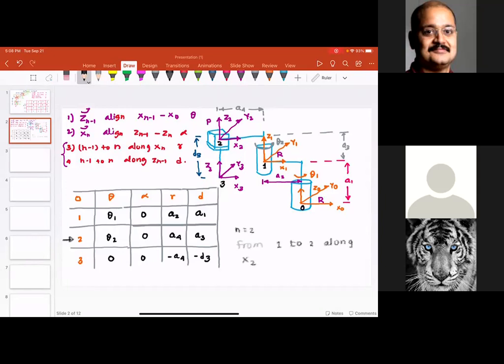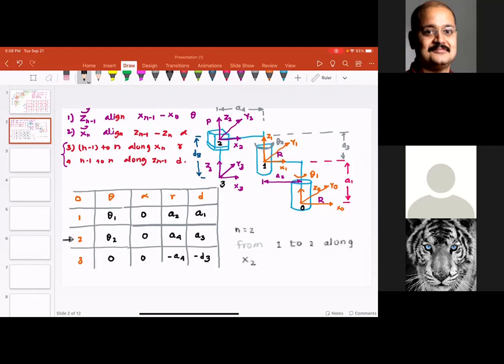If you are going from 1 to 2 along X, is that distance positive or negative? You're going in the positive direction. Correct.